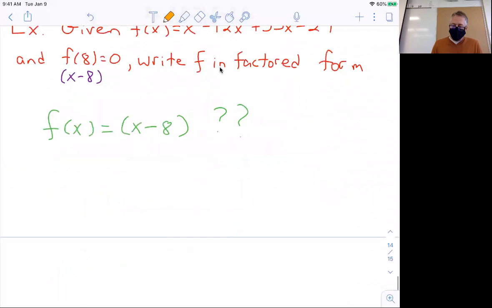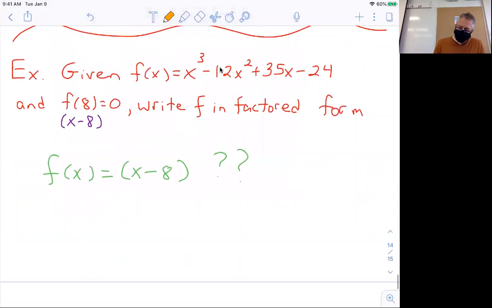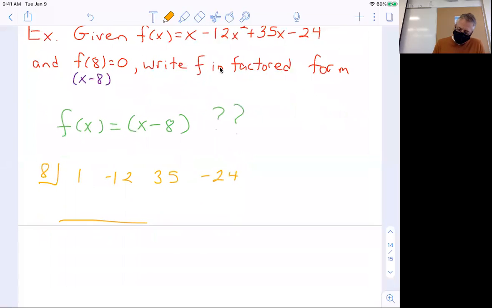Okay, so for the synthetic division, I take 8 and then the leading coefficients there, which are 1, negative 12, 35, and negative 24. And I'm going to do my synthetic division with those numbers.